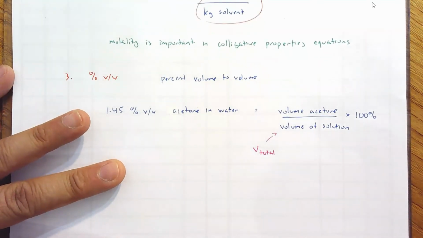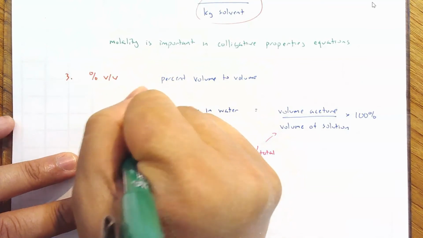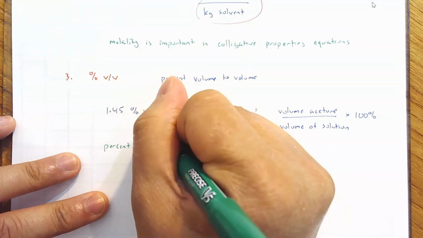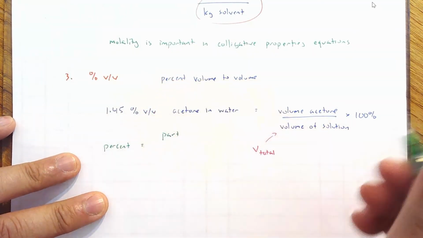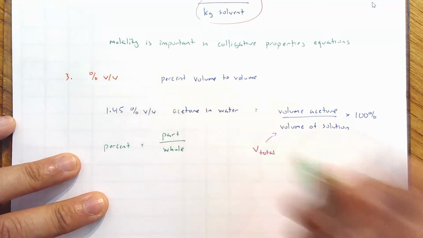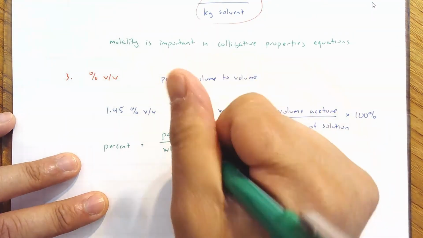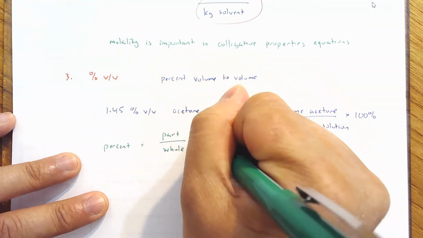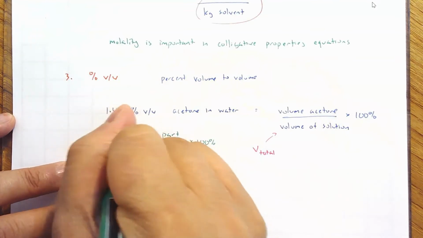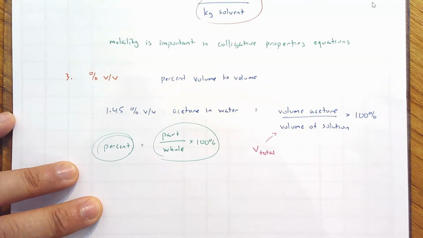I shouldn't have sweated this. When you have a percent, that equals part, so that's the acetone, the solute, over whole. That's the summation, the total volume, water and acetone, times 100. I gotta remember that. Percent is part over whole. Part over whole.